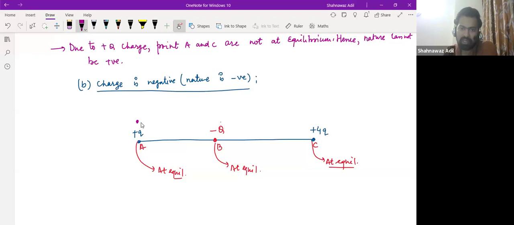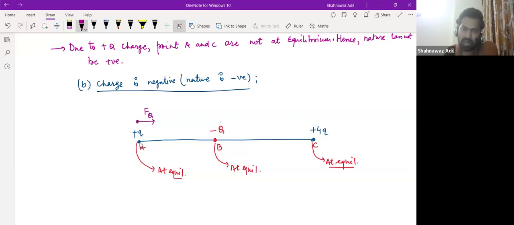Attractive, so right or left? Right, absolutely correct. So this is FQ. Whenever we take the direction into account, we don't write the positive or negative sign, because the direction already accounts for the negative charge.